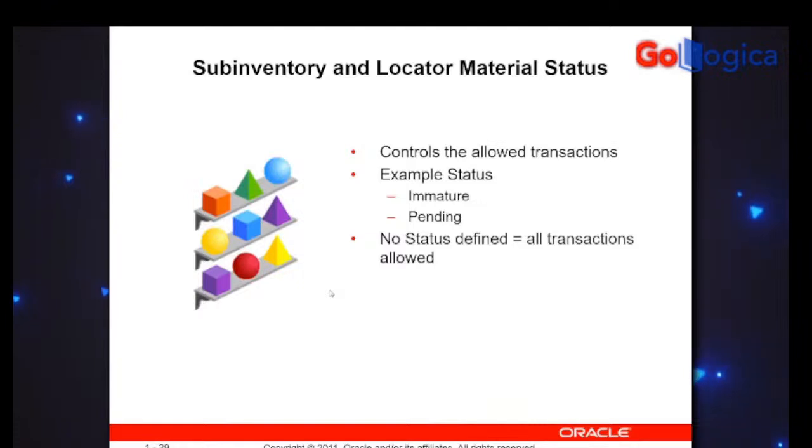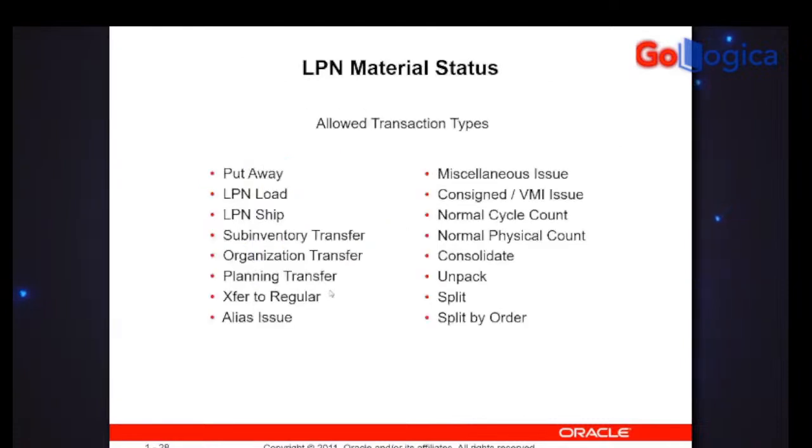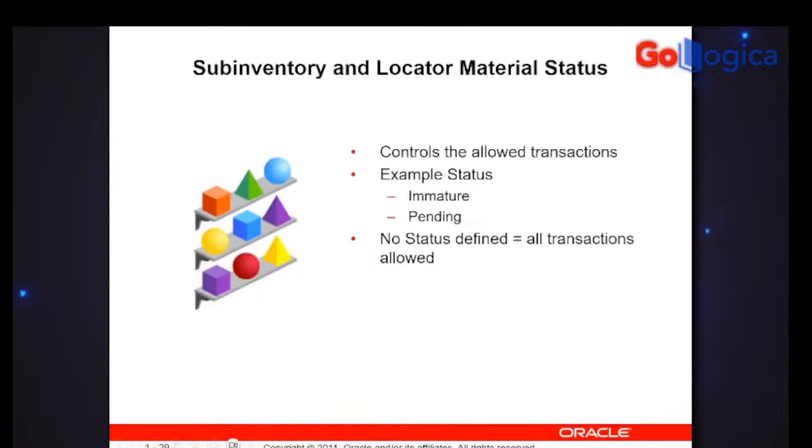For example, if there is no status defined, that means all the transactions are allowed. If you want to restrict some transactions from that subinventory, you can go directly to that particular setup and disallow the transaction.